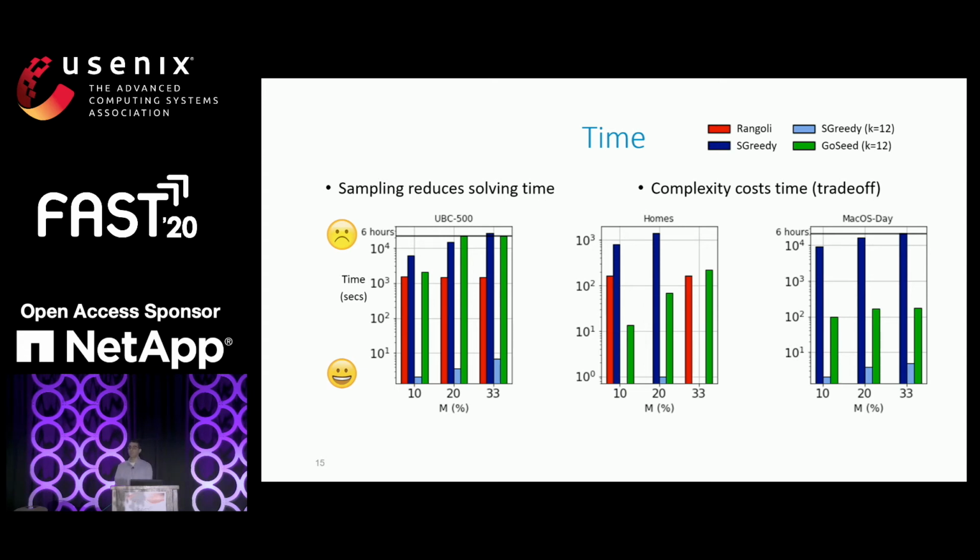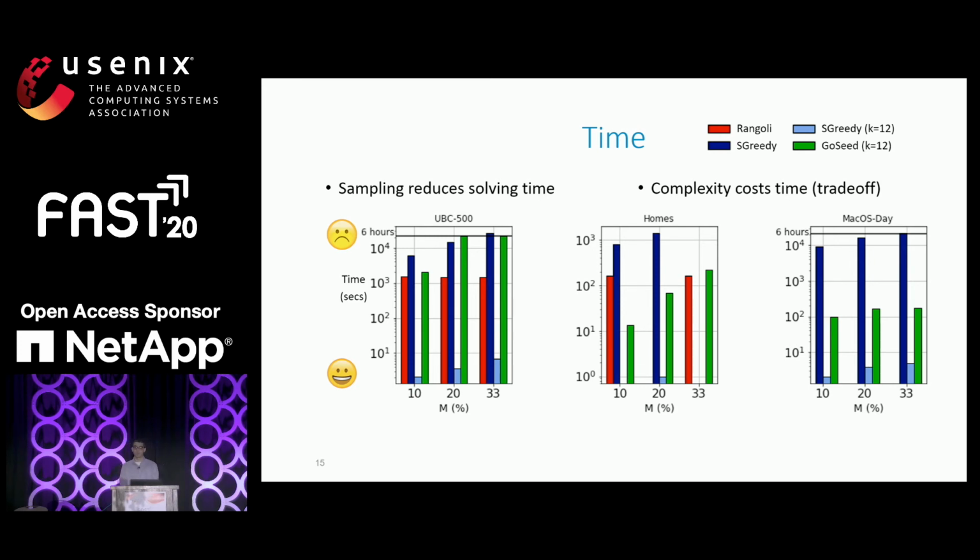The first thing is that our acceleration method of fingerprint sampling actually works well, it reduces the time. We can look at the blue bar, which is sgreedy with no sampling, and we can look at the lighter blue, which is sgreedy with a sampling degree of 12, and we can see there is a big difference, by some orders of magnitude.